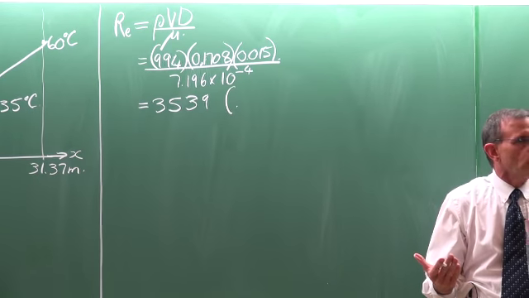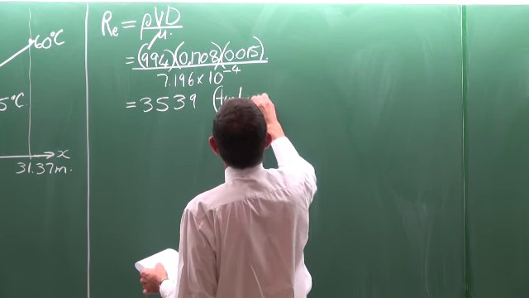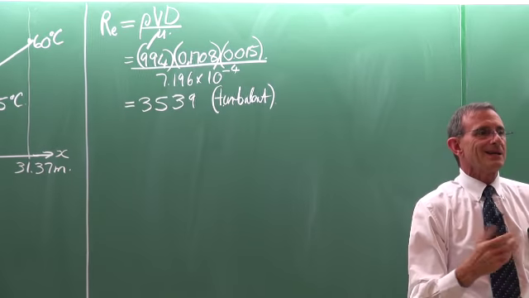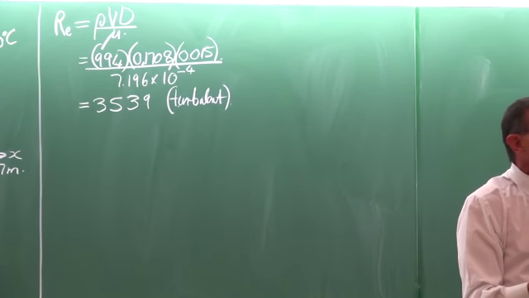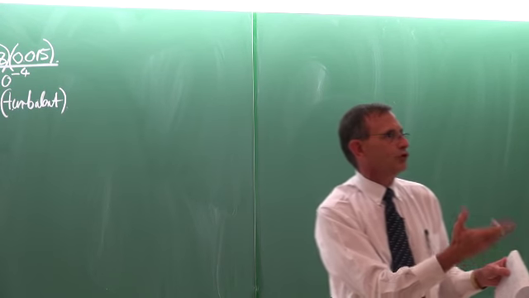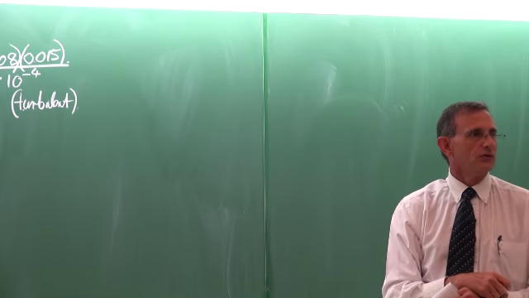Looking at that, it's obvious the flow should be turbulent, because the critical Reynolds number, where the flow changes from laminar to turbulent, is 2,300. And that is larger than 2,300.